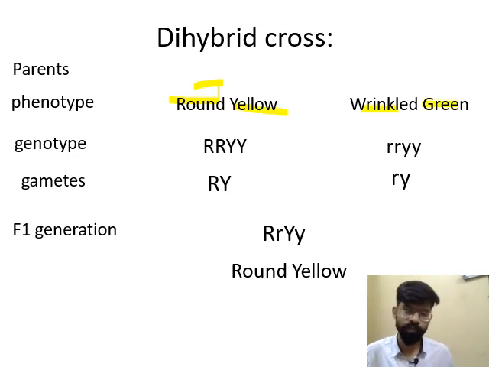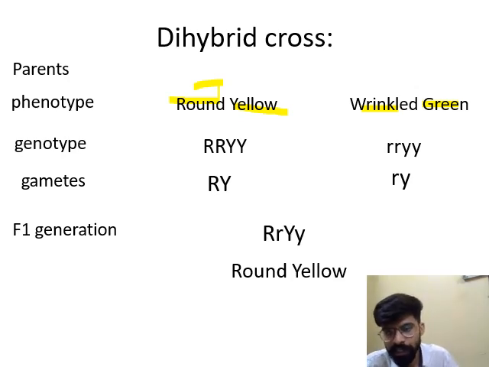Round is given the genotype capital R, capital R. As we know, round is dominant over wrinkled, and yellow is dominant over green. So we write with capital symbols: capital R, capital R, capital Y, capital Y, and small r, small r, small y, small y.